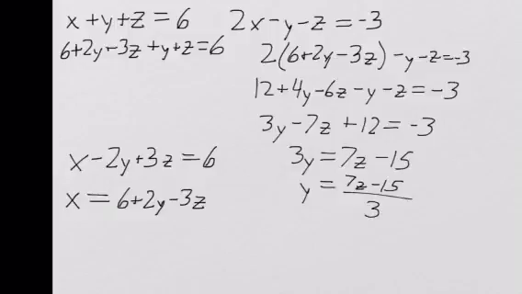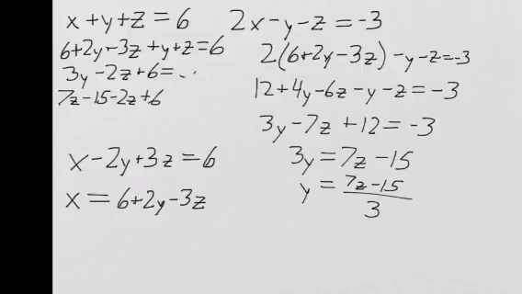Because what I can now do is come back to my previous equation here. And first I'll combine some like terms. So 3y minus 2z plus 6 is equal to 0. And actually I know a value for 3y in the previous step, so I'm going to go ahead and put that in there. So 7z minus 15 minus 2z plus 6.